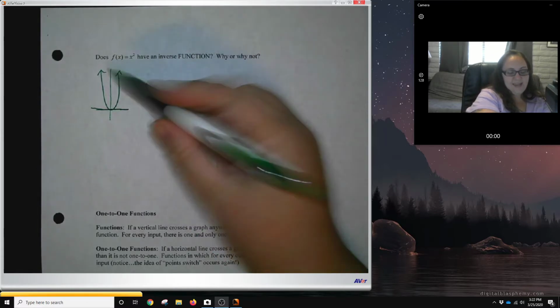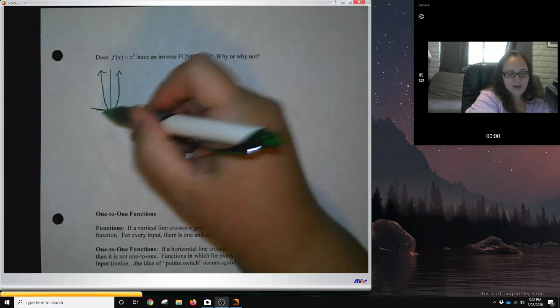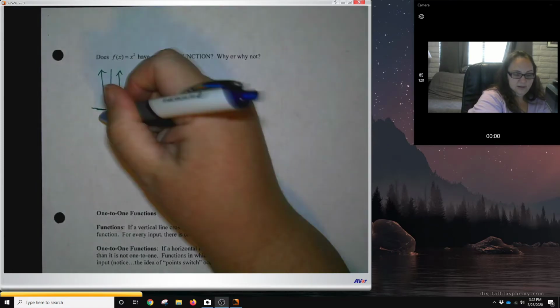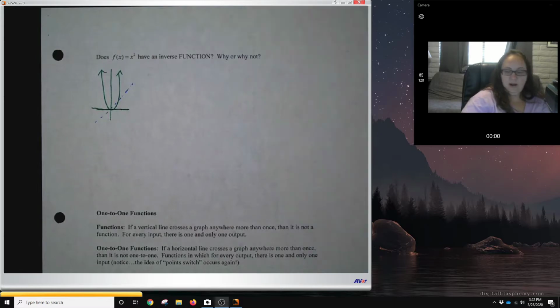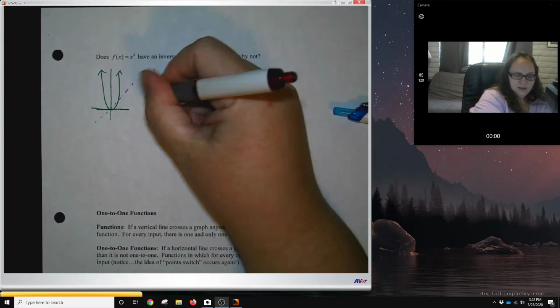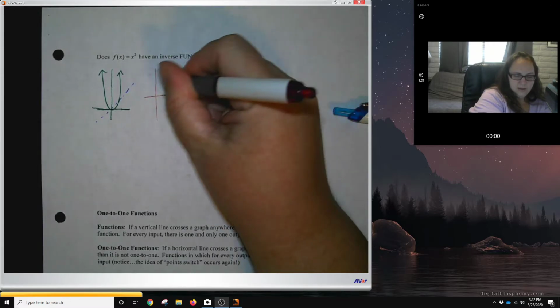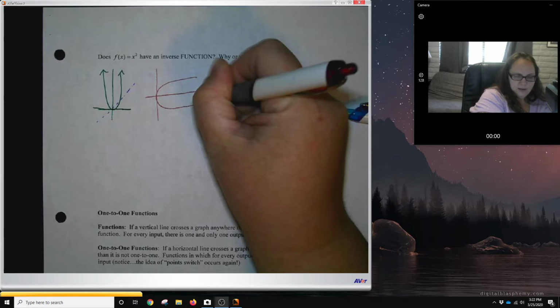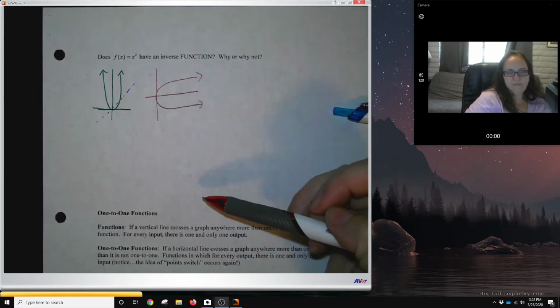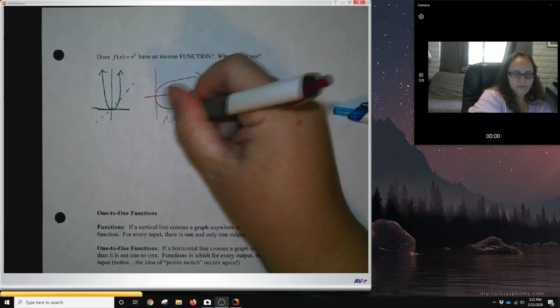So if I take this and I reflect it over the line y equals x, I am going to end up with a graph that looks like this. Is that a function? No.